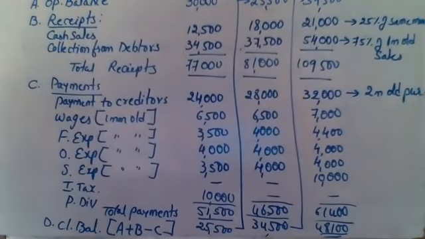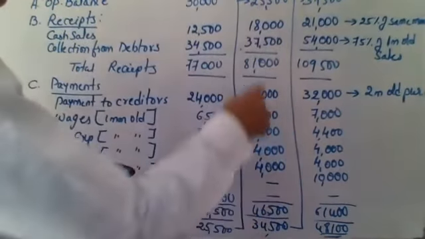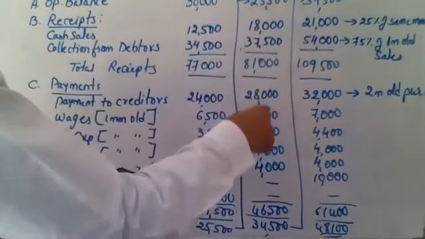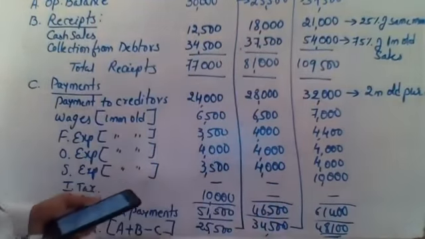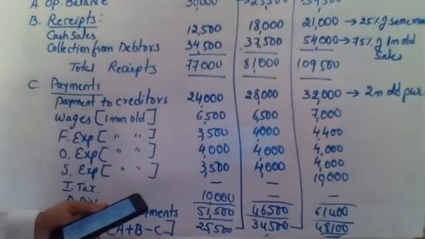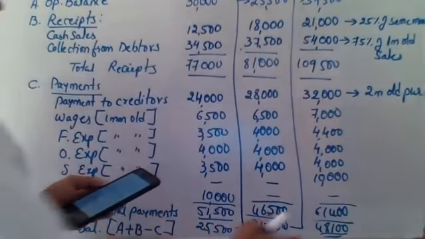That is 25,500 as per the cash book, as per the answer, but 35,000 is this. I think I went somewhere wrong. This is 5 plus 5, okay. This is 500. So let me check the figures because the answer says 35,000 and 48,600.